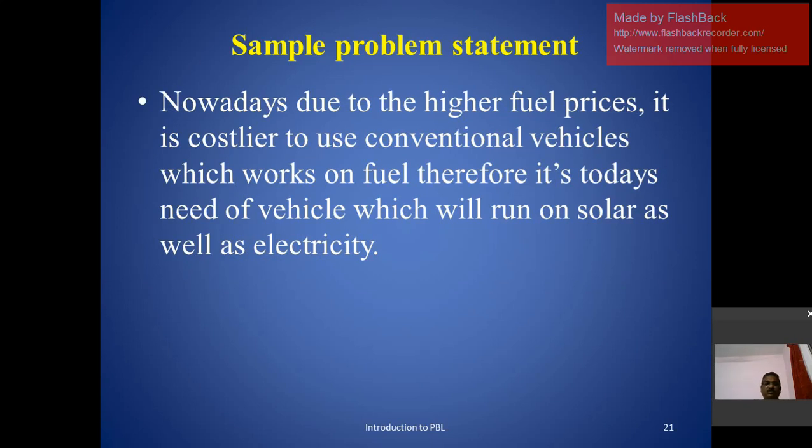Therefore, it's today's need of a vehicle which will run on solar as well as electricity. So this is the problem statement. Now here you have to work on a vehicle which will run either on solar or on electricity.